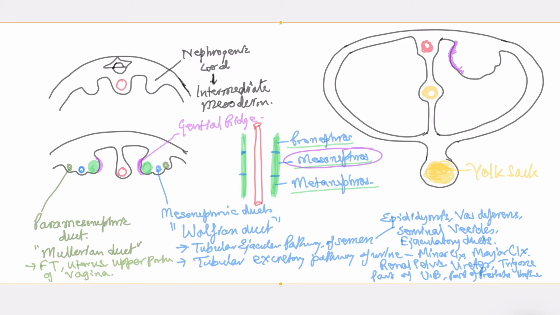What I've cut here, the green colored portion, is the mesonephros, not pronephros, not metanephros. This coelomic epithelium, when it forms this genital ridge, forms new dividing cells approaching towards this mesonephros like this.